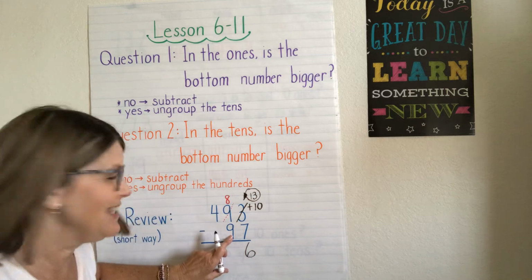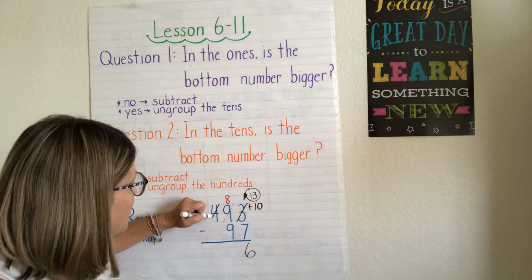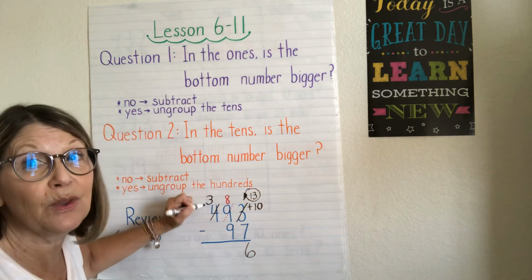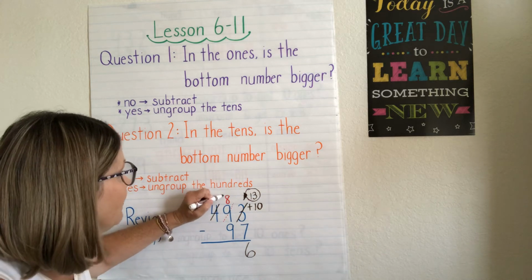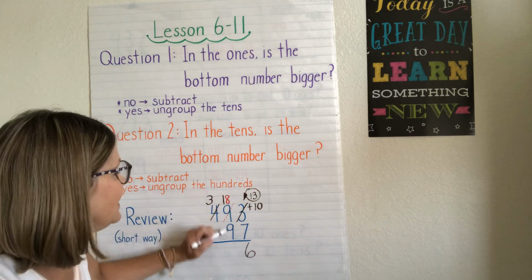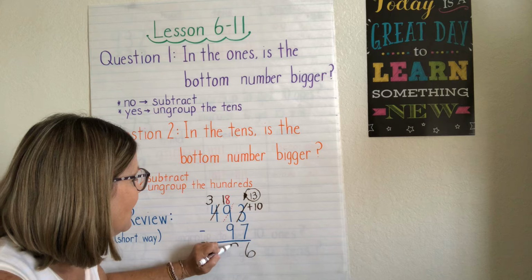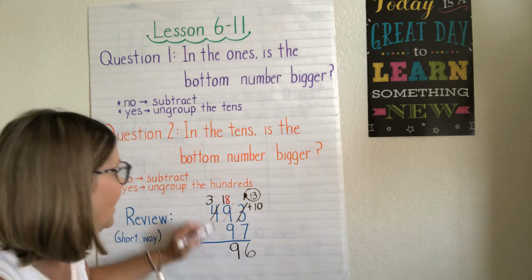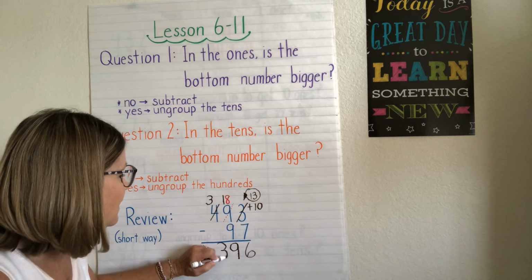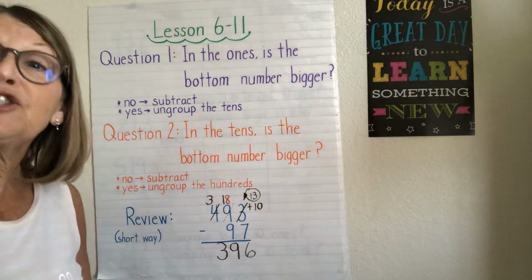Yes, it is. So I'm going to go to my hundreds. I'm going to ungroup my 400s into 300s, and I'm going to bring 10 over. Now I've got 18 take away 9, and that answer is 9, and 3 take away nothing is 3. So remember, that's the short way.